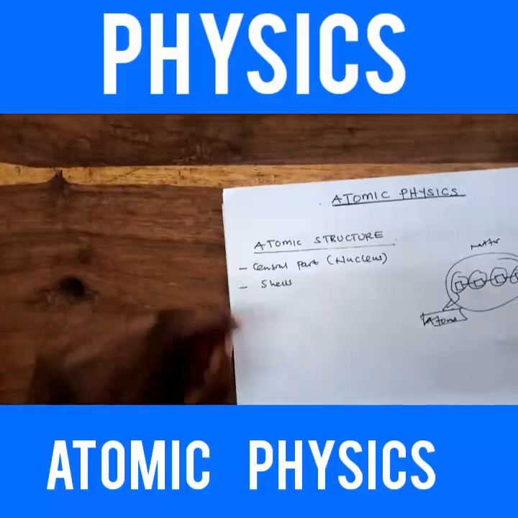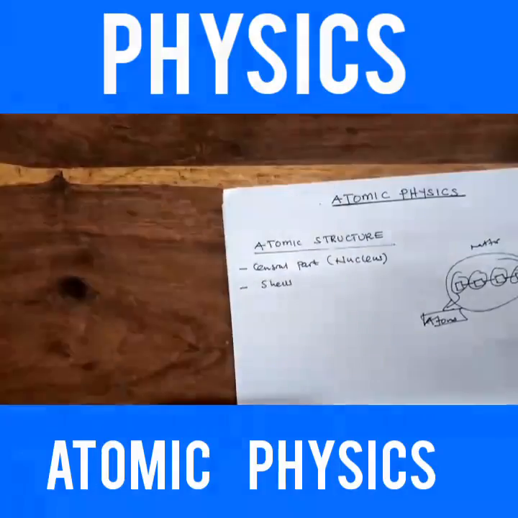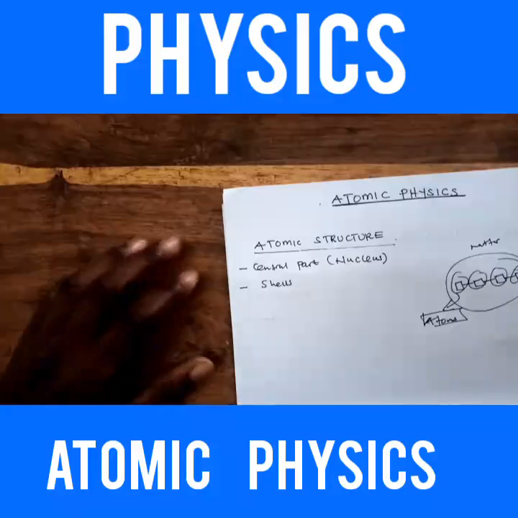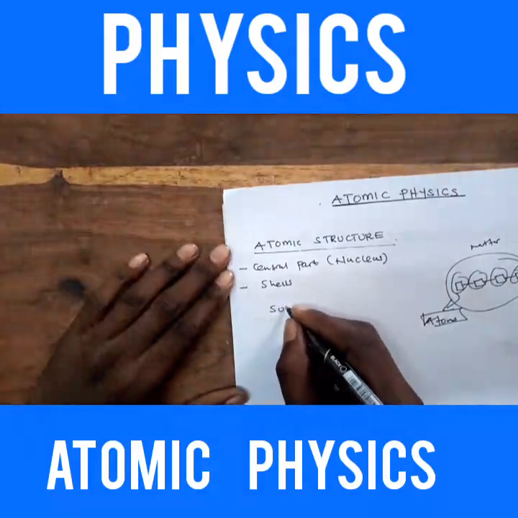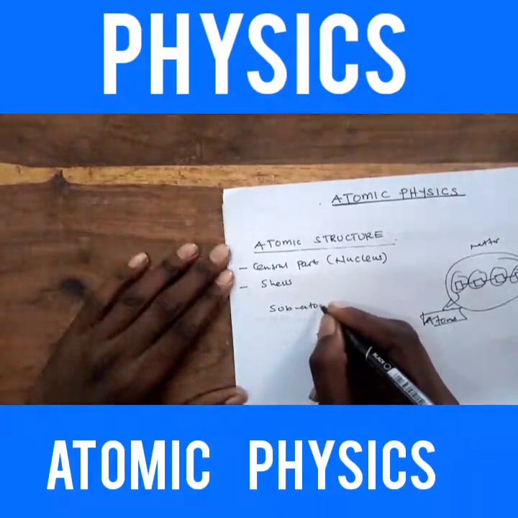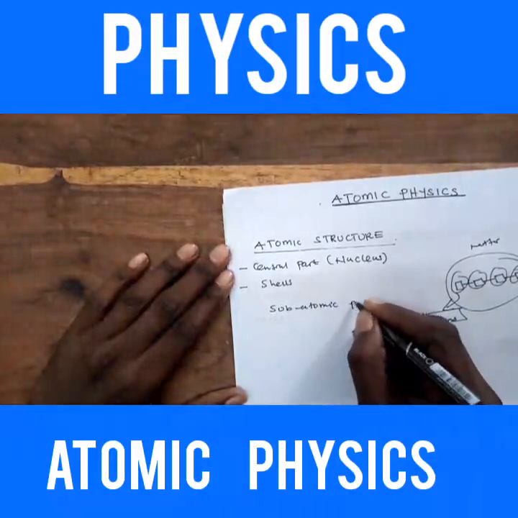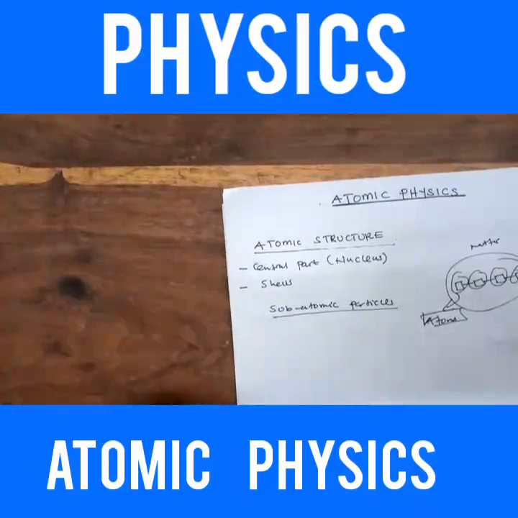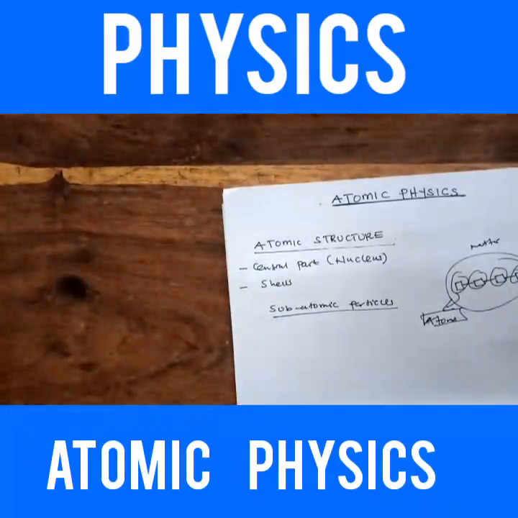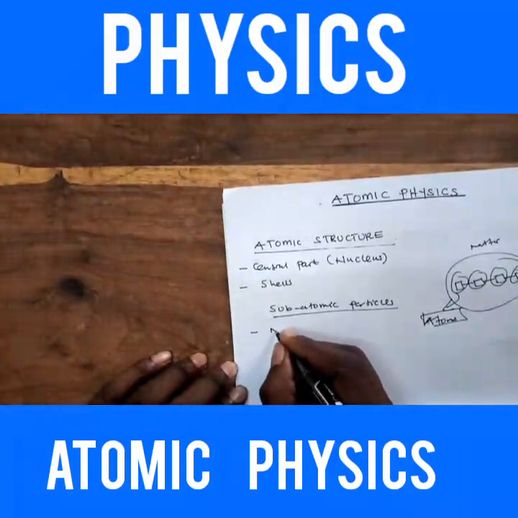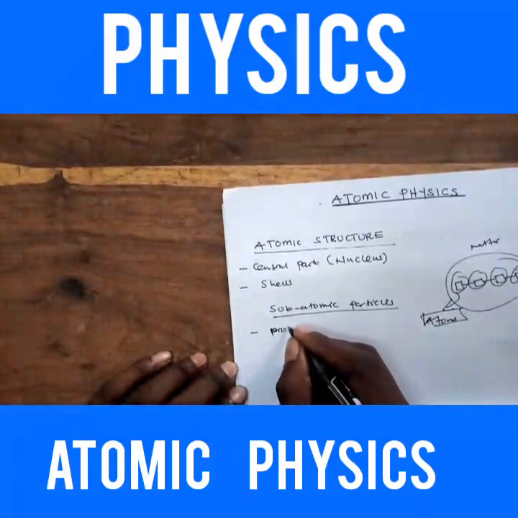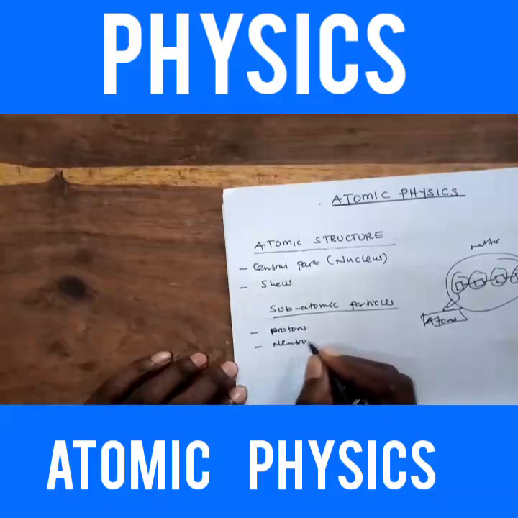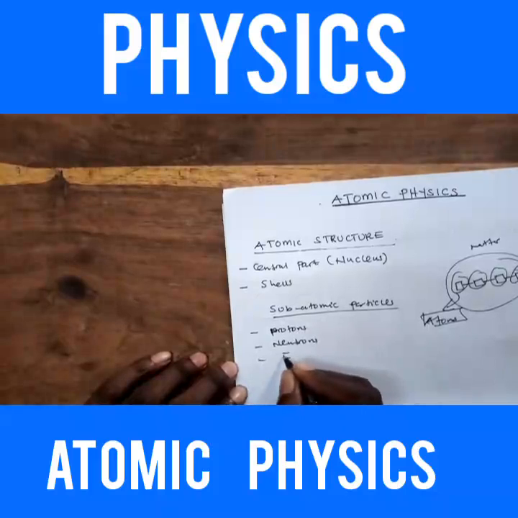So apart from knowing about the sections of an atom, that is the nucleus and the shells, you need to know about the subatomic particles that are found within an atom. An atom has three subatomic particles. These are the protons, the neutrons, and the electrons.